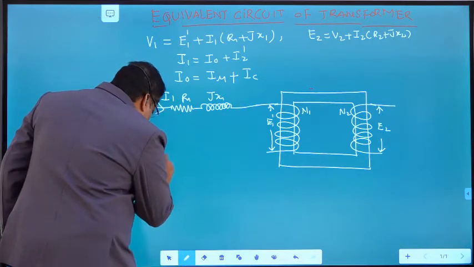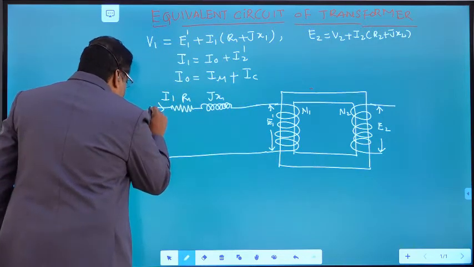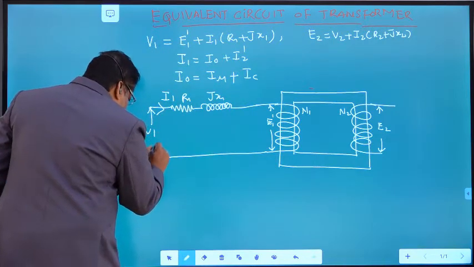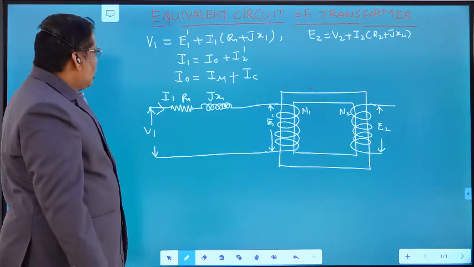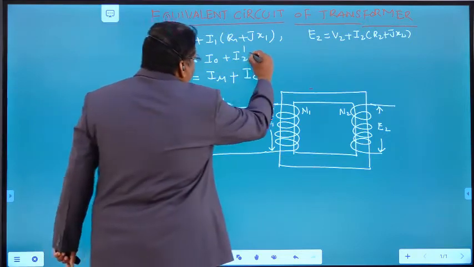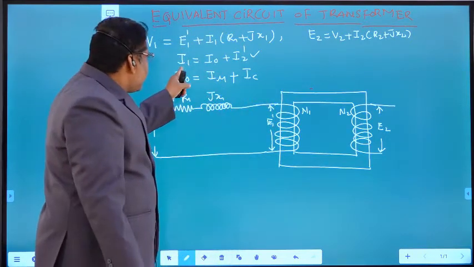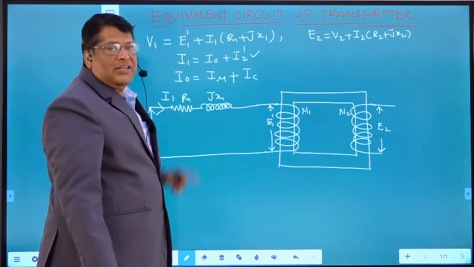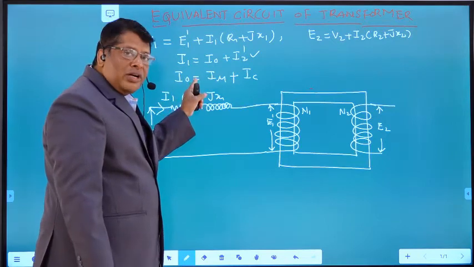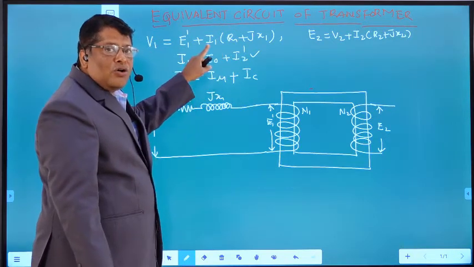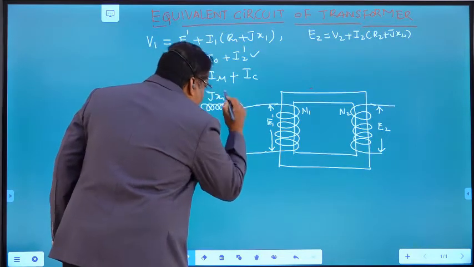Here we connected a sinusoidal voltage, and that voltage is V1. From the equation, the primary current equals the sum of two currents: one is the no load current, another one is the load component current. So here we have taken one more branch.